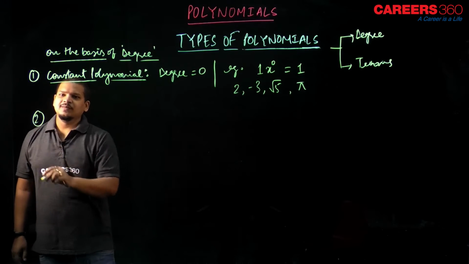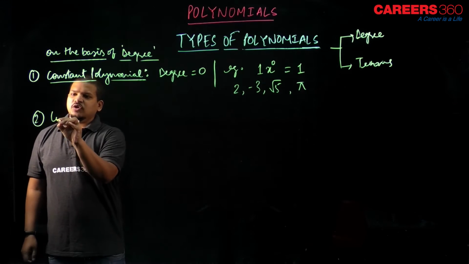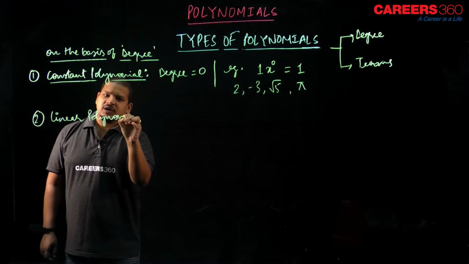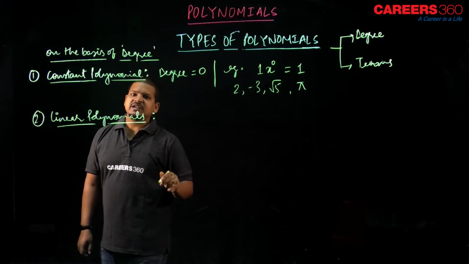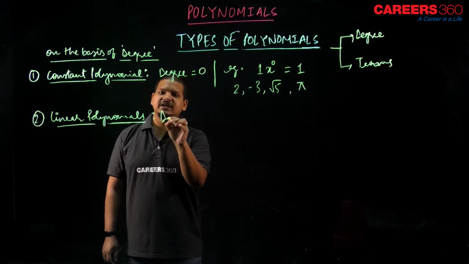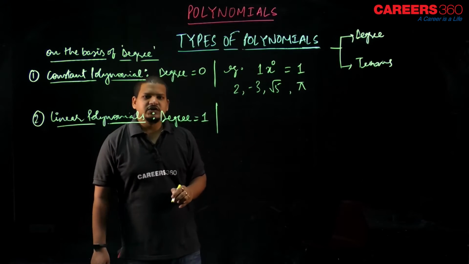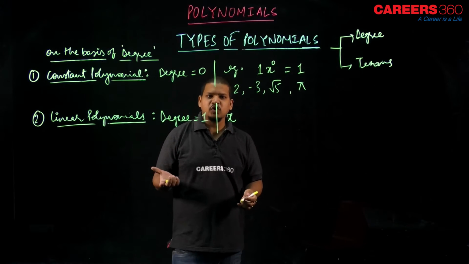Now, moving forward, the second type of polynomial we have is linear polynomial. And as the name suggests, linear is what? Whose degree is 1, right? So if degree is 1, then x will be my linear polynomial.